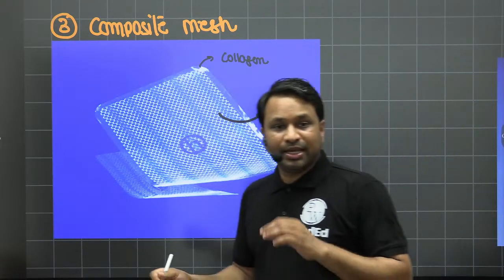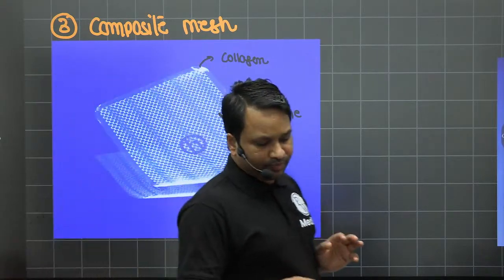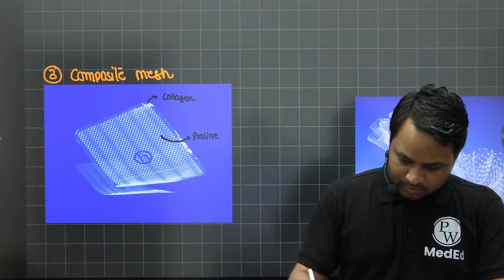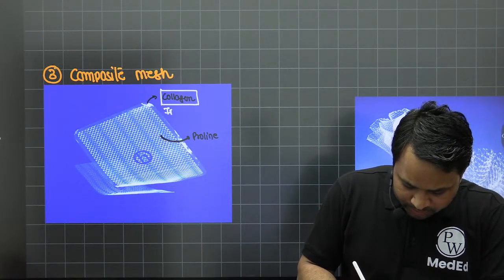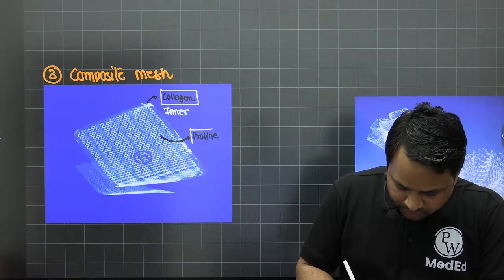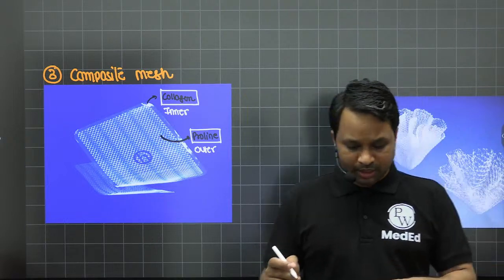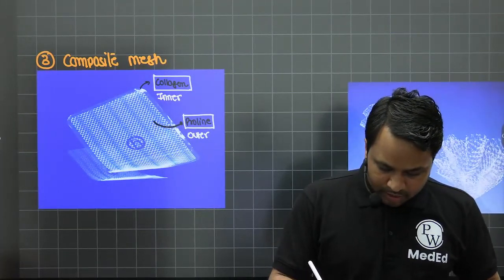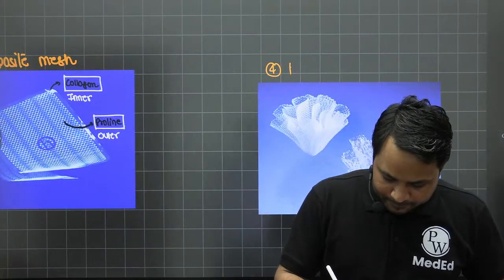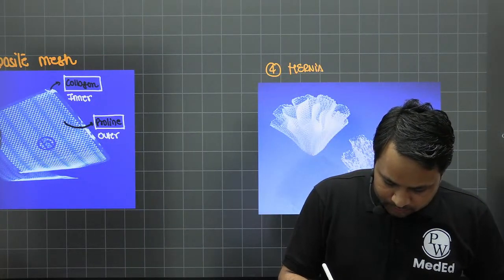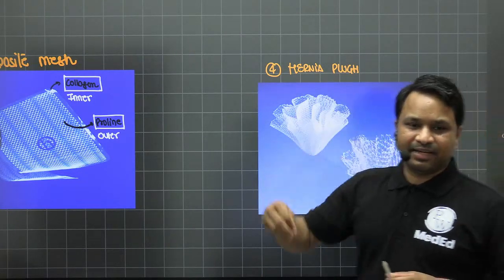So you have collagen as the inner membrane, and the Prolene will be your outer membrane. The inner one is the one that is going to face the abdominal contents. The last one is what we call the hernia plug. You just plug the cavity. It is a hernia plug.